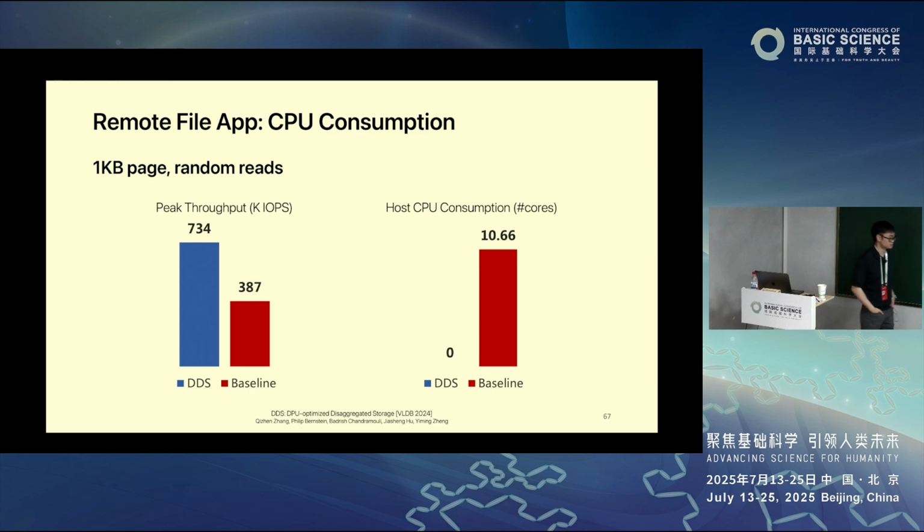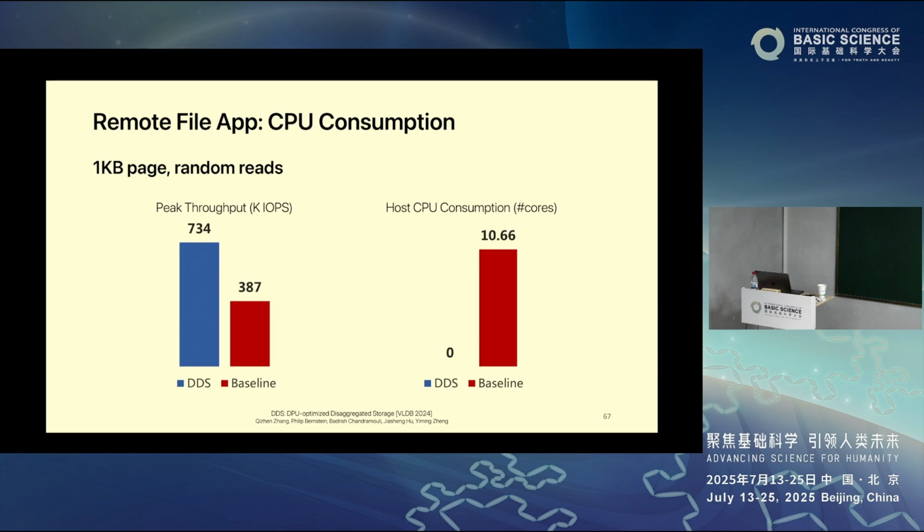This figure shows the achieved throughput. With DDS, we can achieve more than 700,000 pages per second. With the traditional server, it only achieves about 50% of that throughput.